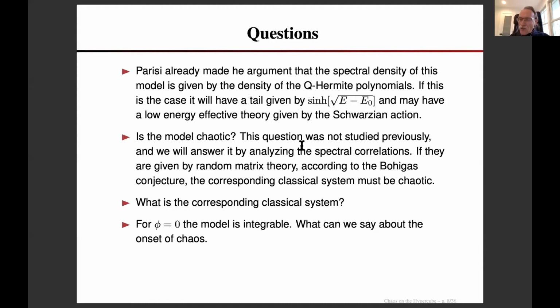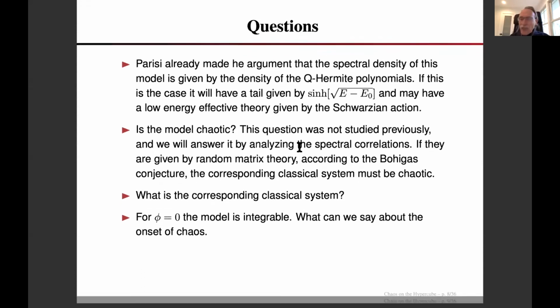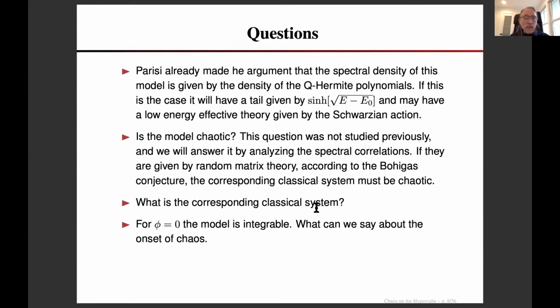The second question we asked is whether this model is chaotic. And this question was not studied before. We will look into that, and what we will look at is the spectral correlations, and if they are given by random matrix theory, according to the Bohigas conjecture, the corresponding classical system must be chaotic.